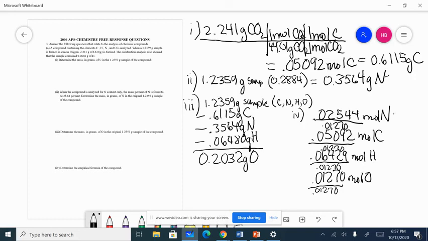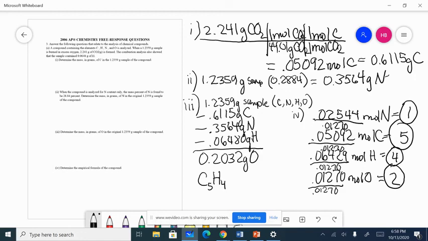That gives us for nitrogen a 1, for carbon a 5, for hydrogen a 4, for oxygen a 2. So my empirical formula is C5H4NO2.